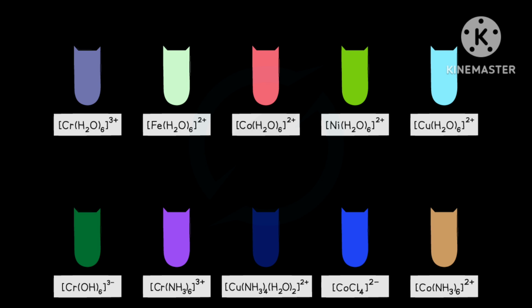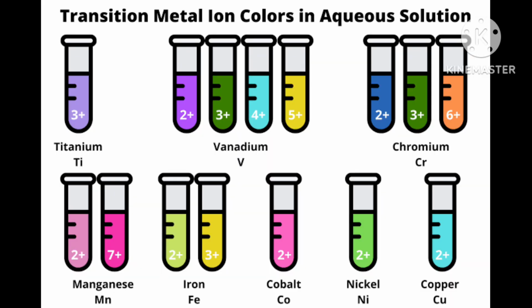Now the chromate and dichromate are interconvertible in aqueous solution depending upon pH of the solution. The oxidation state of chromium in chromate and dichromate is the same. This you should understand.